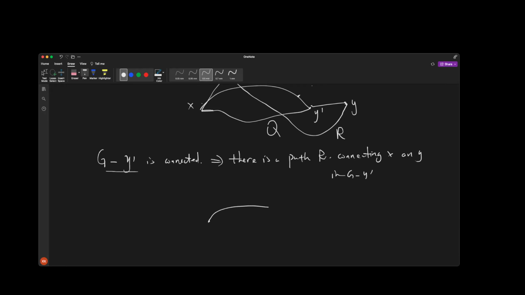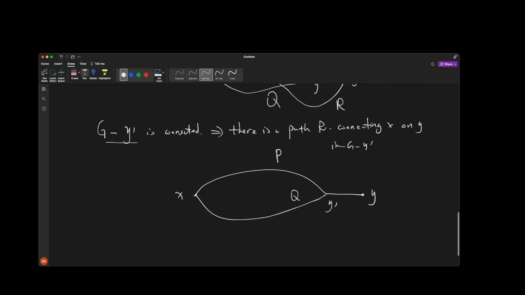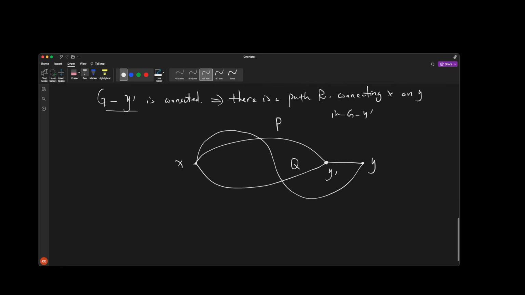There are many objects. Here is X, here is Y prime, and here is Y. There is a path P from X to Y prime, and a path Q from X to Y prime. And there is another path R from X to Y, which avoids the vertex Y prime.